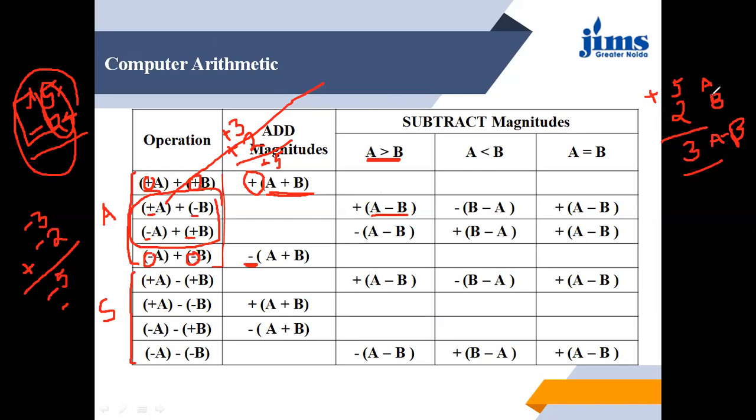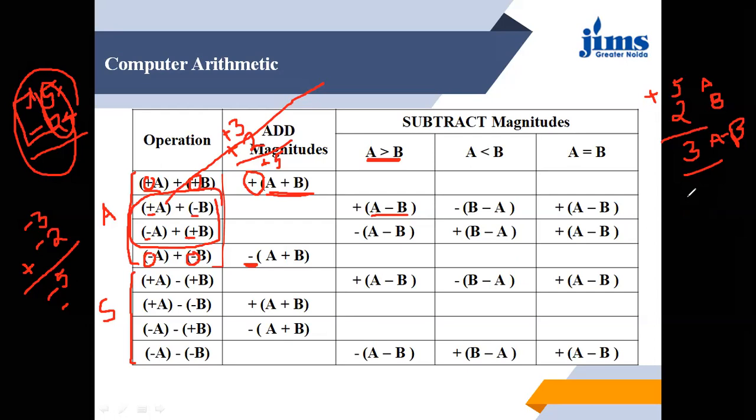When A is less than B, I will take another example.